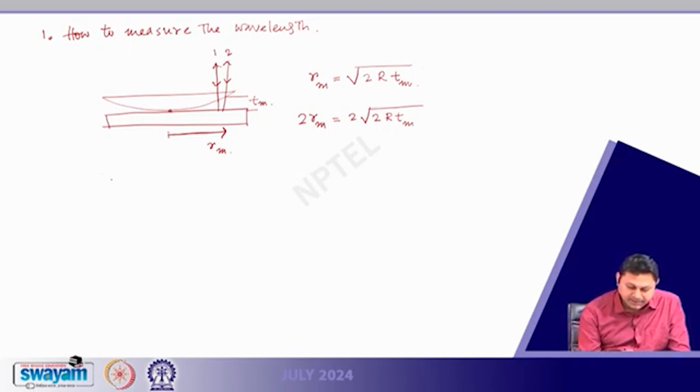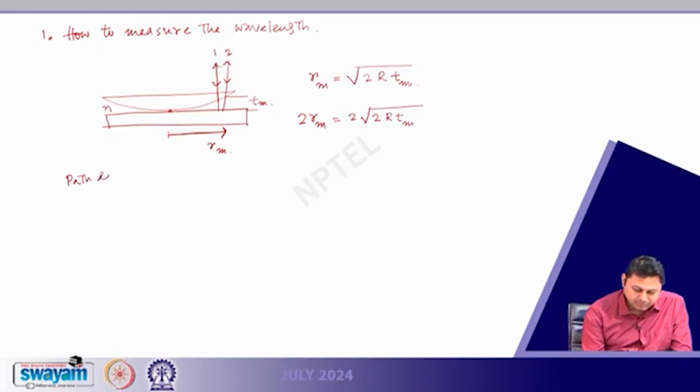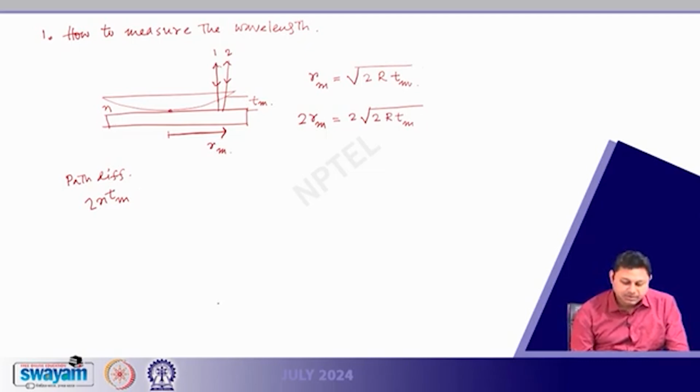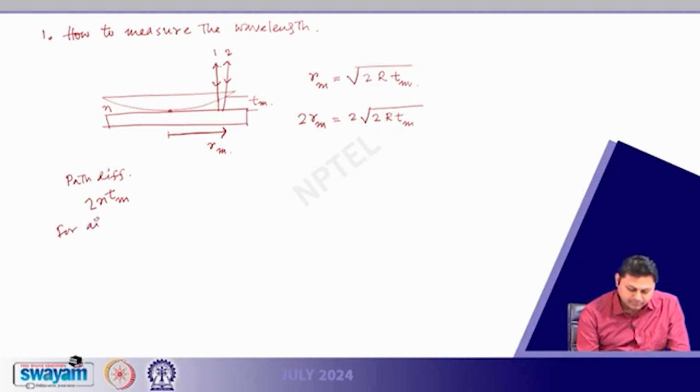So, for air, if this is N, we know the path difference is 2 into N into Tm for these two waves. Now, for air, N is equal to 1 and the path difference delta will be simply equal to 2 of Tm.